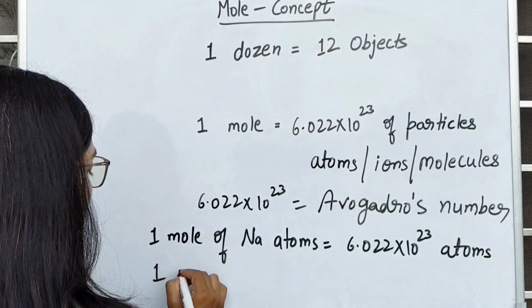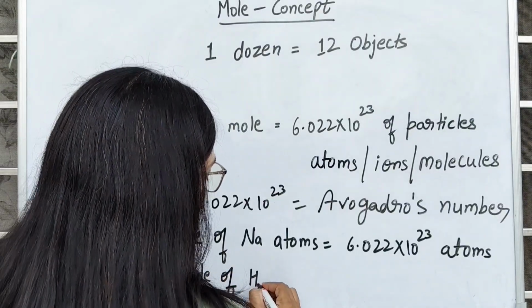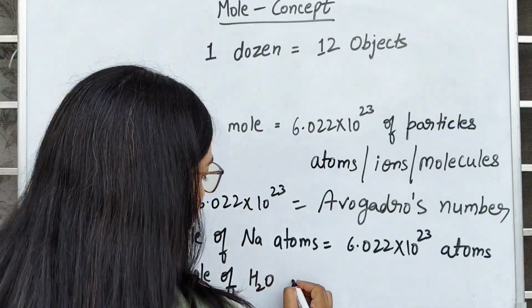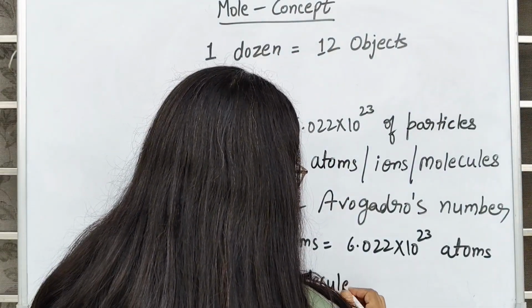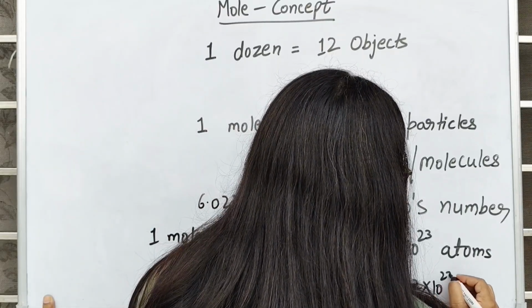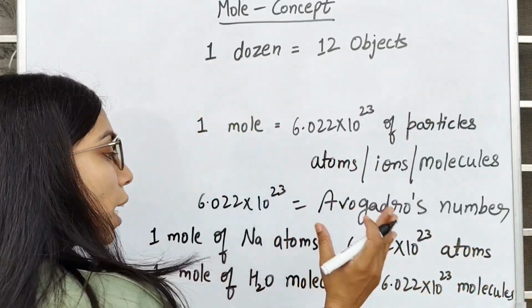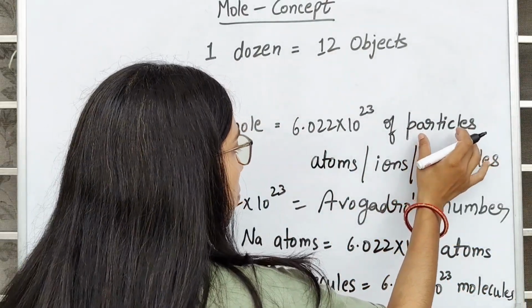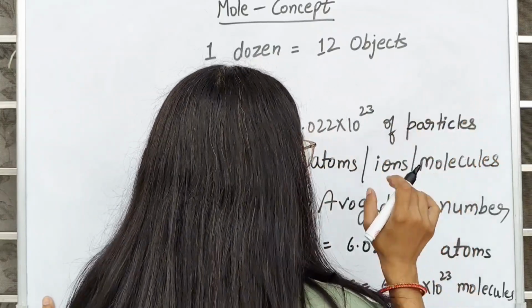If you talk about molecules, let's take an example of water: 1 mole of water molecules is equal to Avogadro's number of molecules. If you talk about atoms, write atoms. If you talk about molecules, write molecules.